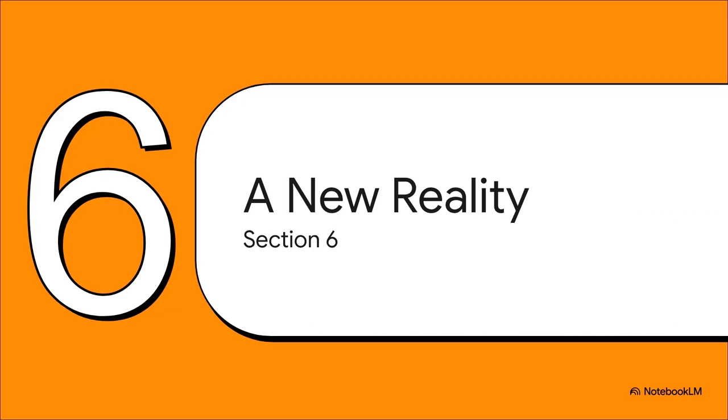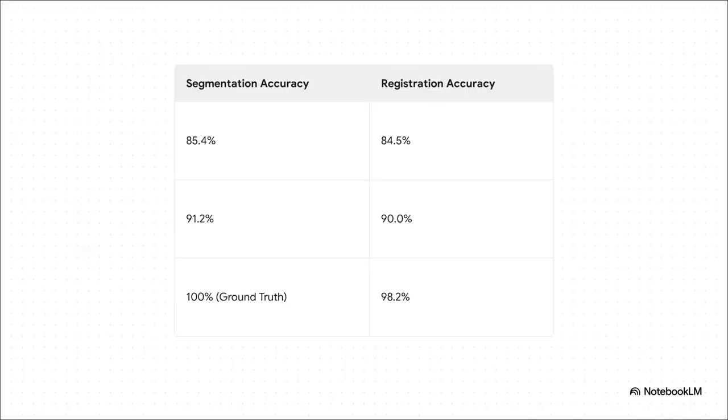And this discovery leads to a really profound shift in how we need to think about this entire field. This little table here spells out the new reality perfectly. There is a direct, almost one-to-one relationship. You give SegReg a segmentation that's 91% good, you get a registration that's 90% good. You give it perfect segmentation, you get a near-perfect registration.